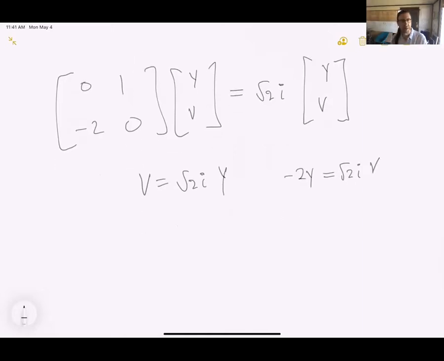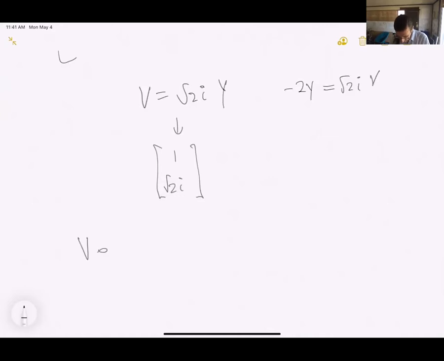Both of these are redundant, so let's just look at the first one. So what eigenvector do we get? If y is 1, then v has to be root 2i. Good? Is that okay? You remembering this? This is like stuff we did a month ago, right? So now we're going to write down v e to the lambda t. That's (1, root 2i) times e to the root 2i t.